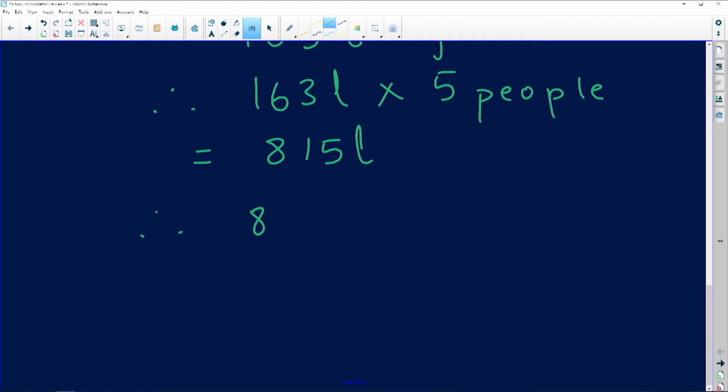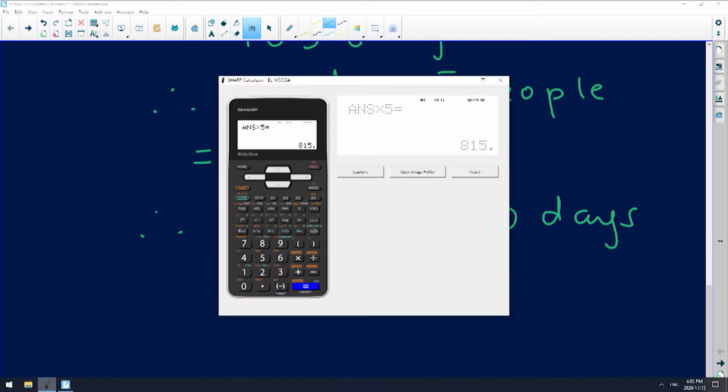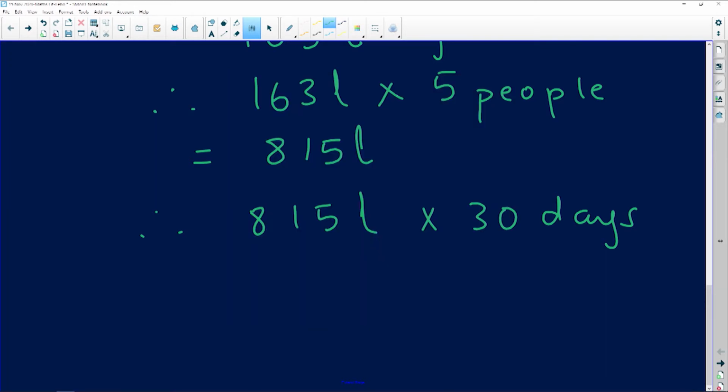Therefore, 815 liters times 30 days, because we know that these people are using it for 30 days. So I know I've got the tank and then I've got the municipality. 815 times 30 days. It's a lot, right? 24,450 liters per month.